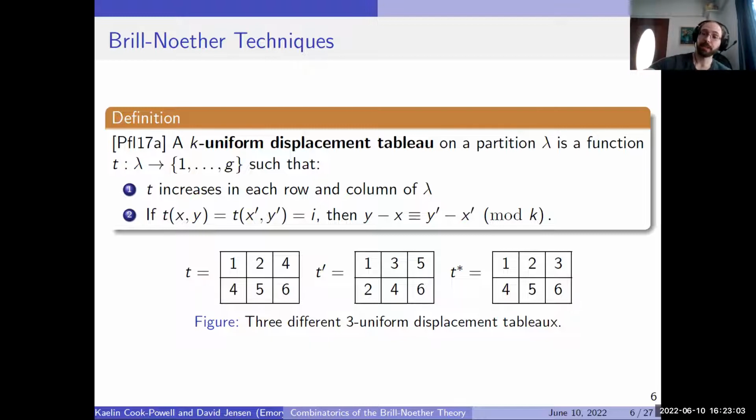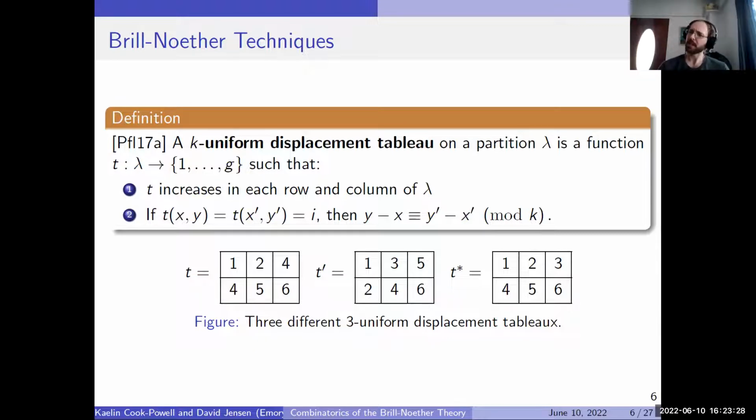We're going to use what we call K-uniform displacement tableau. This is first proposed by Nathan Fleeger. You're going to have a rectangular partition, label it with integers from 1 to the genus, and it's going to satisfy two conditions. First is that you strictly increase in each row and each column, which is not unusual.